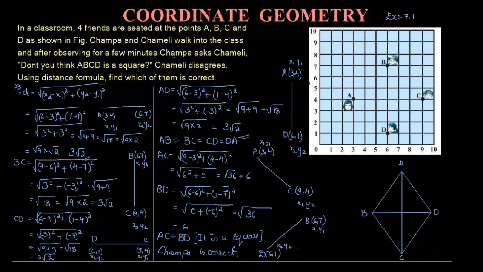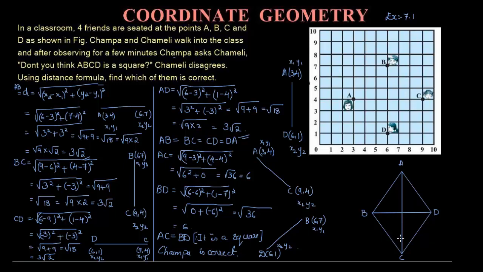So you might be thinking, why are we finding out the diagonals in spite of calculating all the four sides that we found to be equal, right? So I'll give you the answer for that. The figure square as well as the rhombus will have all the four sides equal. Then what is the difference between these two? The diagonals will be equal only in the square, but the diagonals in rhombus will not be equal.